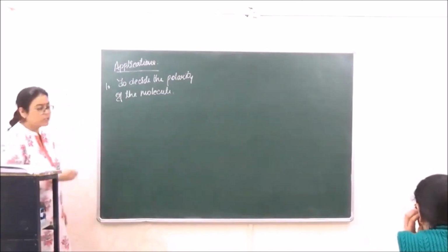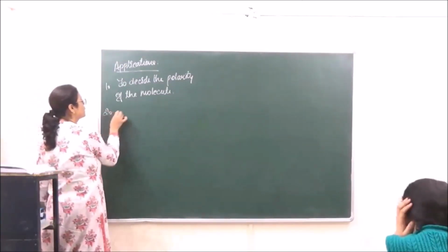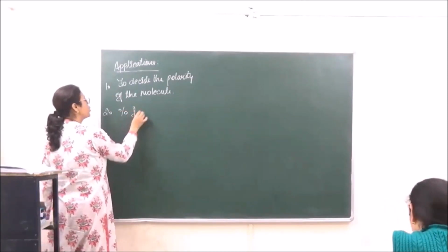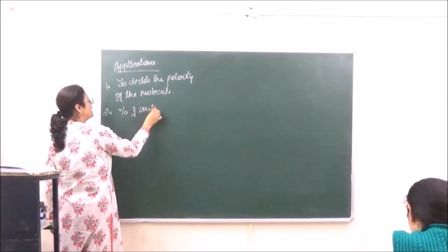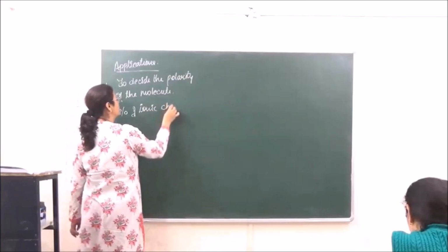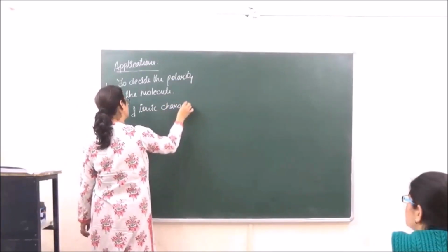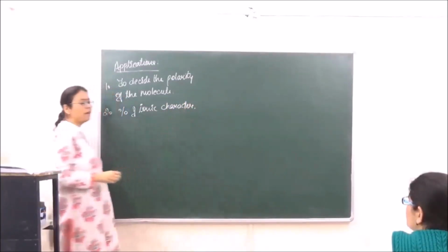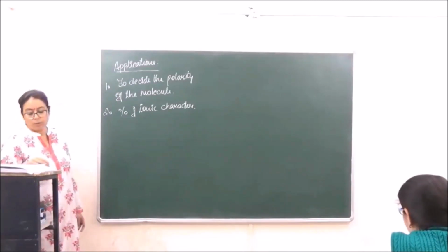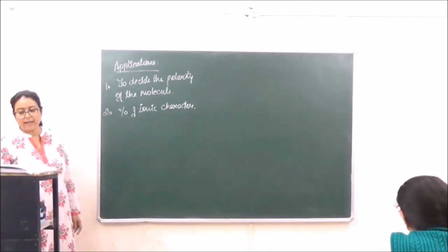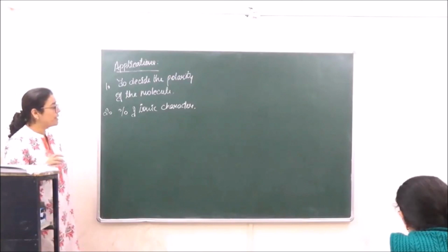Okay? Then number 2, it also helps us to calculate the percentage of ionic character in a molecule. So for percentage of ionic character we have to know two values.